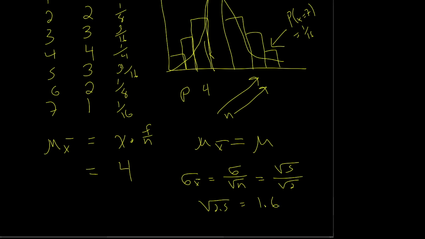So I'm going to come over, go to my TI-89, and I'm going to let it look at the stats. Now we can do this by hand, we can do this anyway. I'm going to let my technology do this for me. So first off, I'm going to make sure my lists are clear, which they are. And so my variables are 1, 2, 3, 4, 5, 6, 7. Right? Those were the possible values I had.